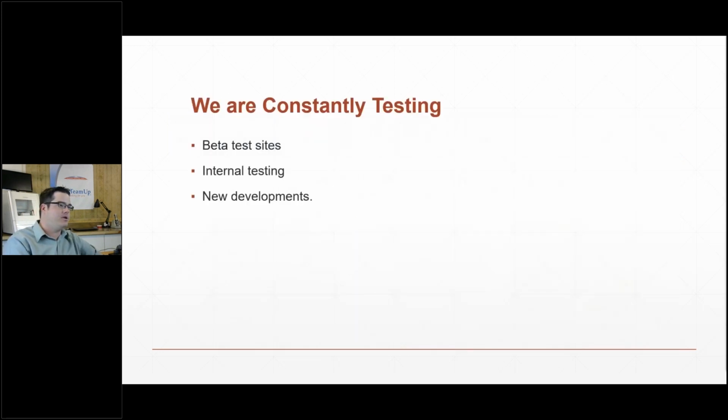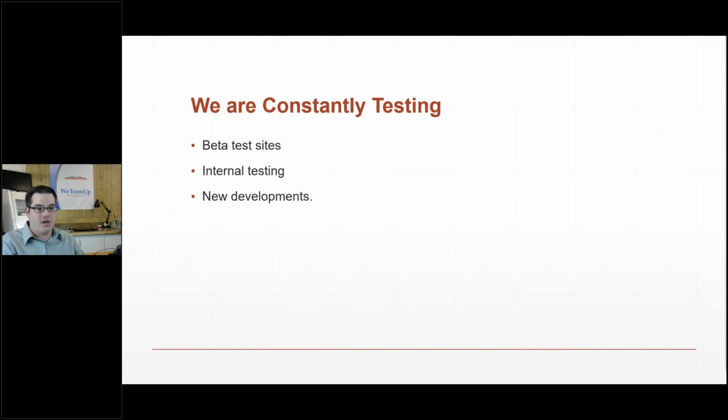I kind of threw this in at the last minute, but it drives the point that we're listening to the industry and we're constantly developing. So we're always testing. We have a network of beta test labs, and that ranges from the single man, single machine lab all the way up to the major production facility.